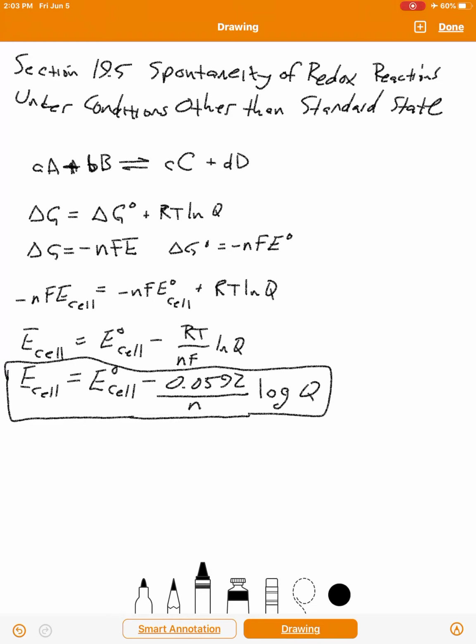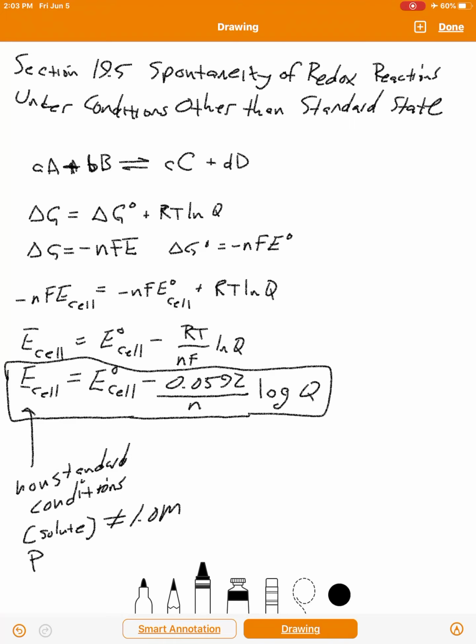What this says is that if we're under non-standard conditions, in other words, the concentration of a solute that's involved in the chemical reaction is not equal to 1 molar, or the pressure of a reactant or product is not equal to 1 atmosphere, those are non-standard conditions.